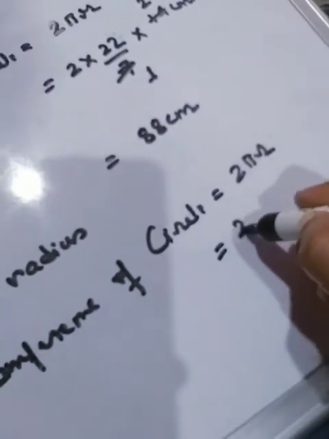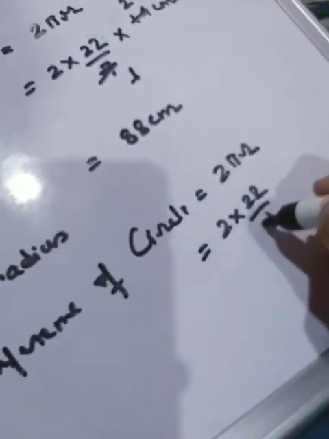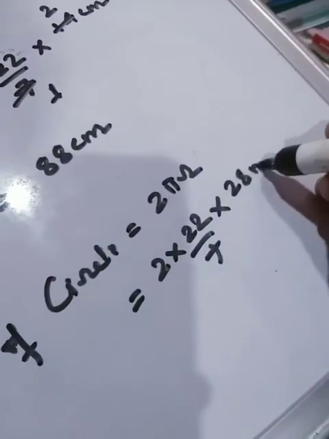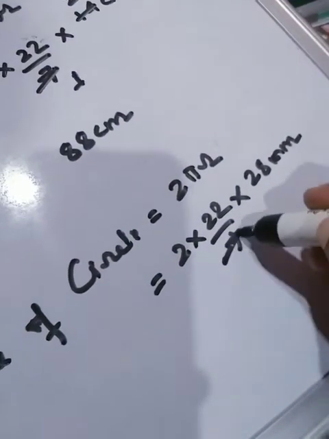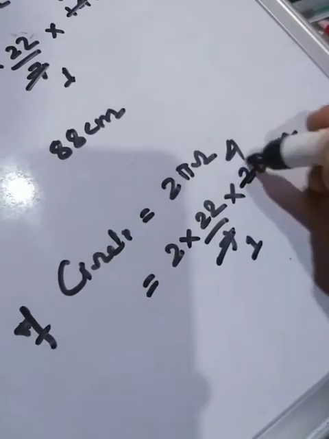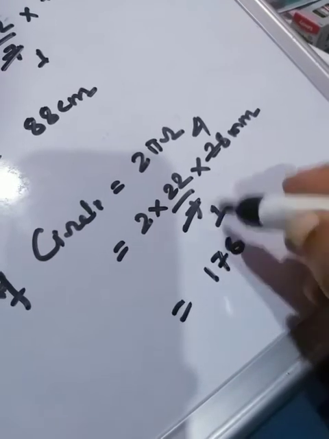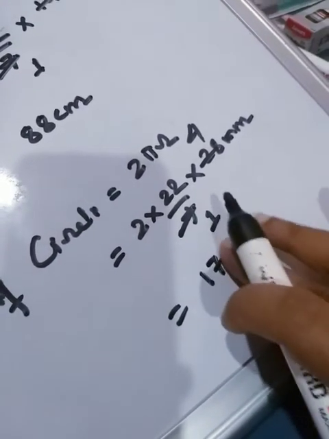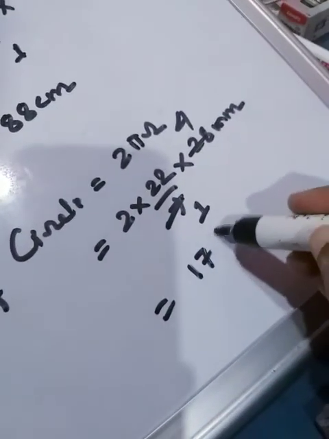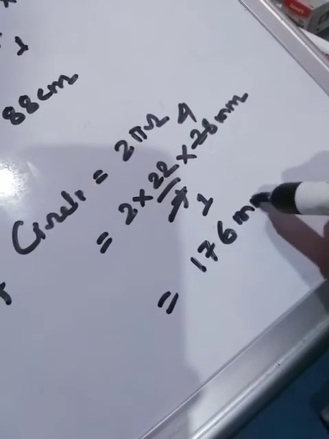Now what is 2 pi r? 2 into 22 upon 7 into what is r? 28 millimeter. Now reduce it. 7 1 is 7, 7 4 is 28, so 4 2 is 8, it will be 178 I guess. No, 176, 8 2 is 16. So it is millimeters.